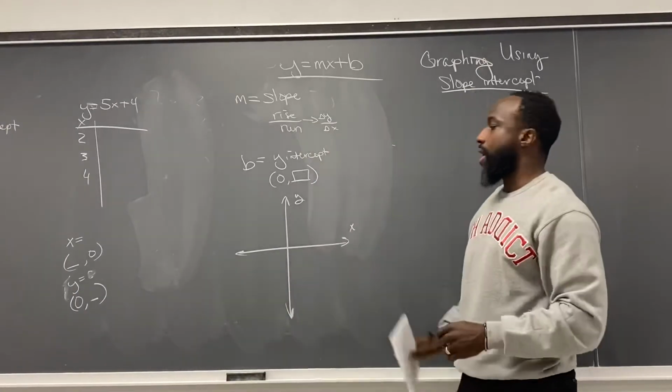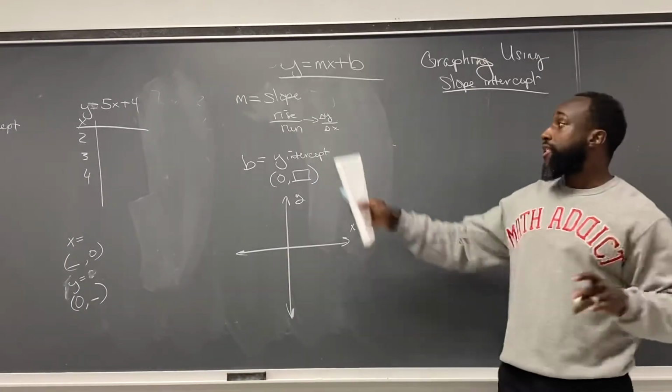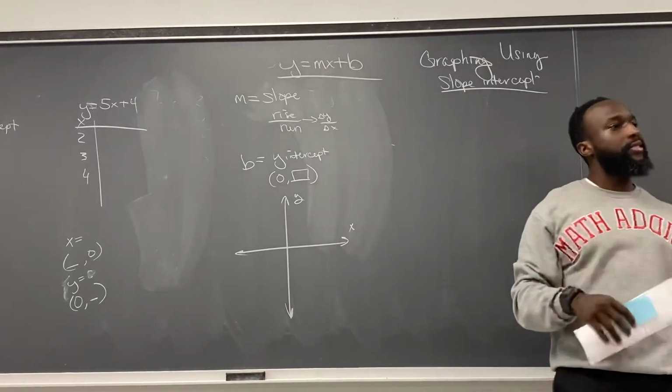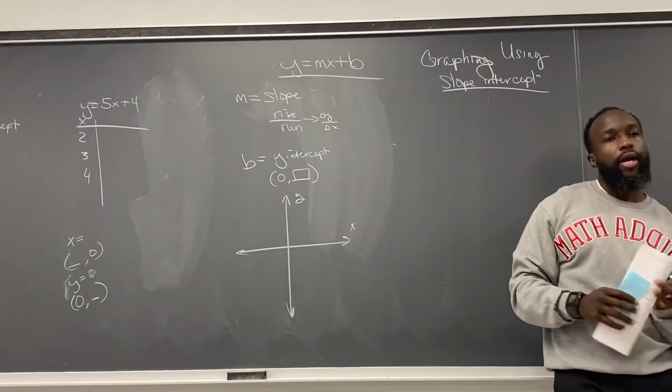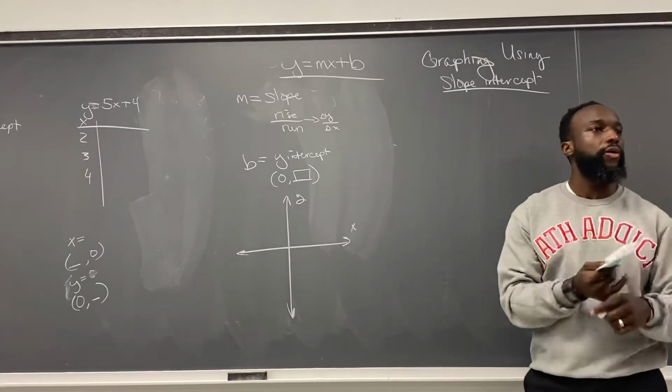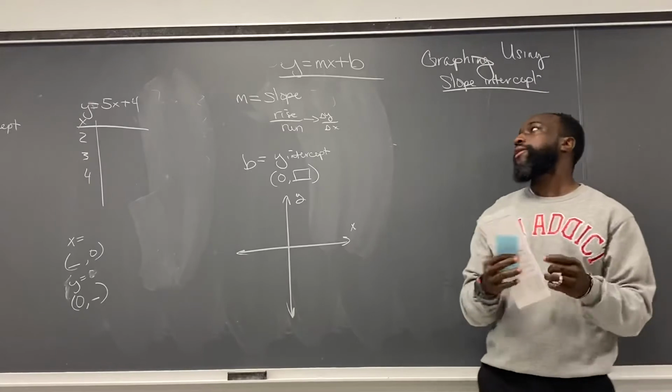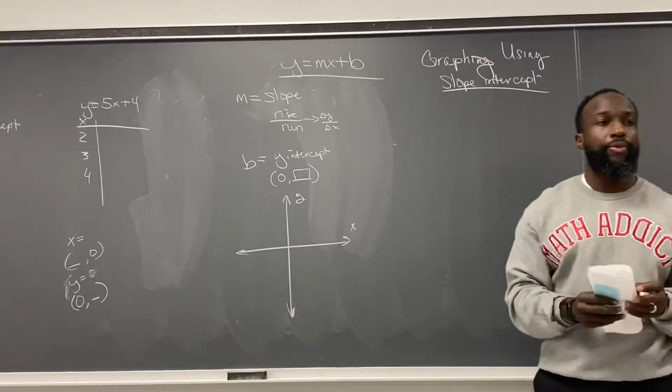So this information that we have here in this equation, y equals mx plus b, is going to tell us exactly how we graph. We've explored how to find the slope, the y-intercept, and an x-intercept. Now we're going to explore how to graph using the slope-intercept form.